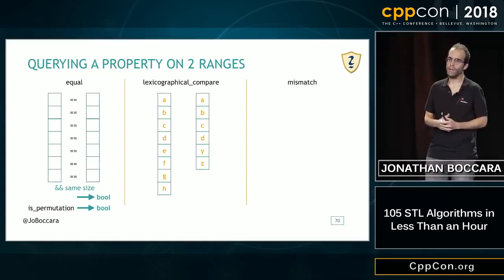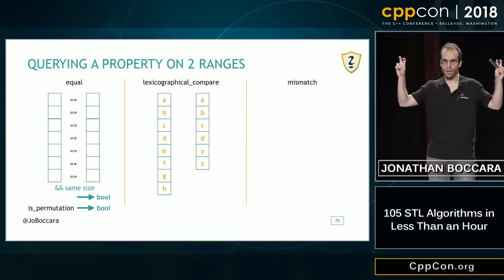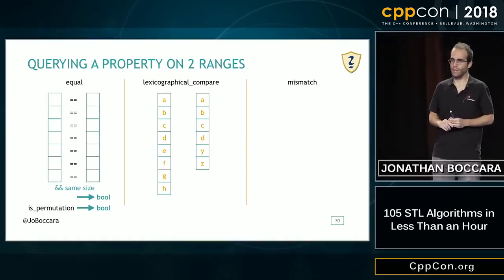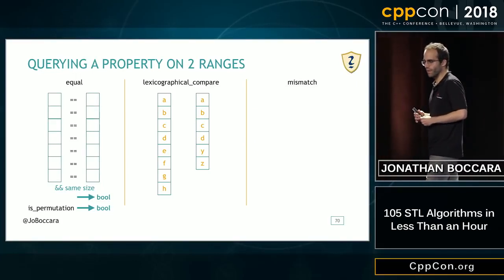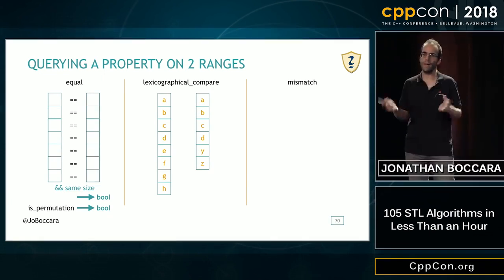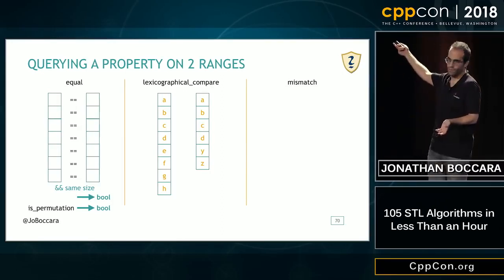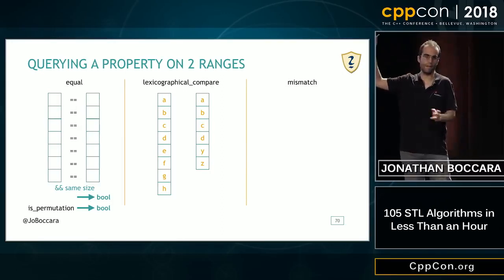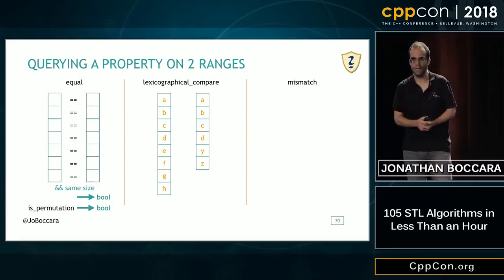Now, we can also compare ranges and say which one is smaller than the other one. To define smaller, we could go with size, but that's not very precise. There's another way to do that, which is going back to the alphabetical, lexicographical ordering. In this example, I've used characters, but that can be with any type that has a comparison operator.